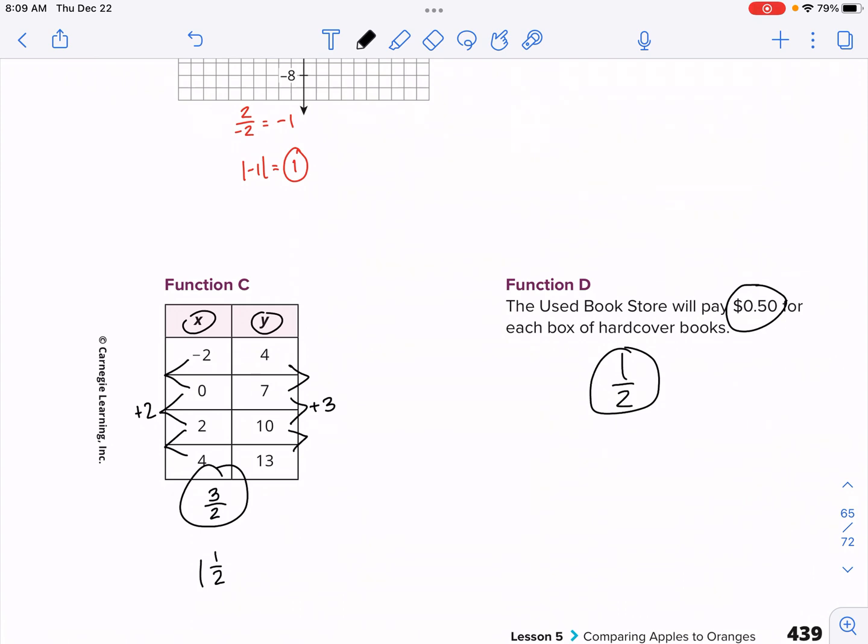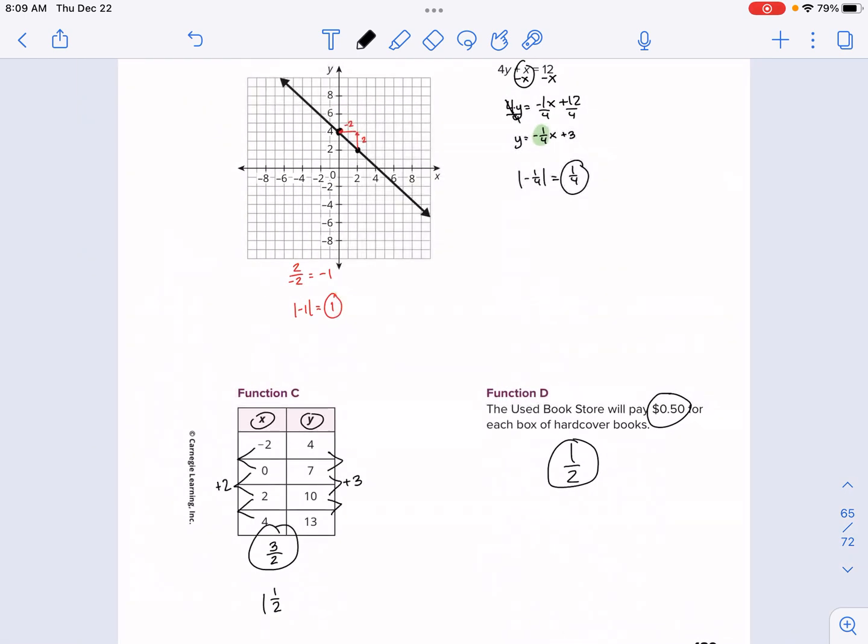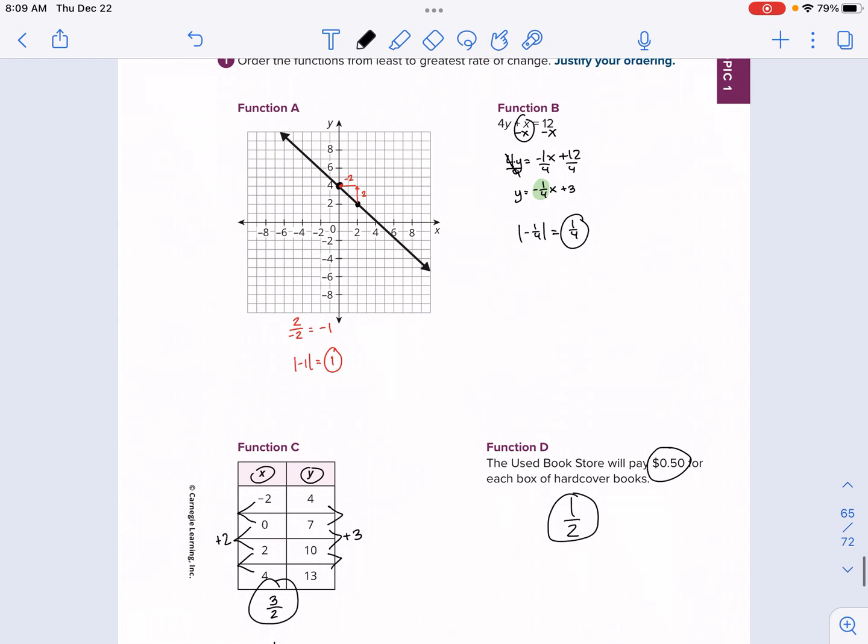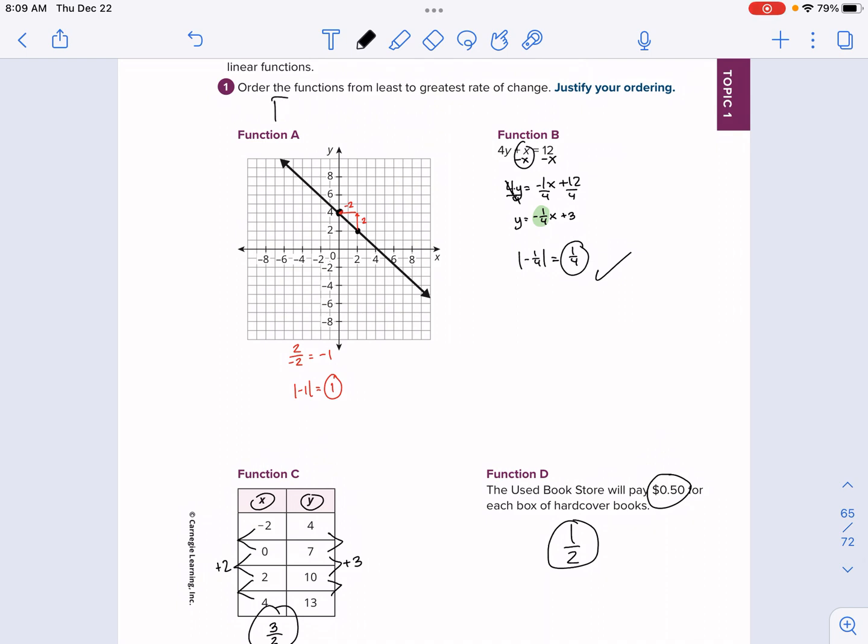All right, so let's go back to number 1. Put this in order from least to greatest. We have 1/2, 1/4, 1, and 3/2. So the smallest one is 1/4, so function B is the smallest.